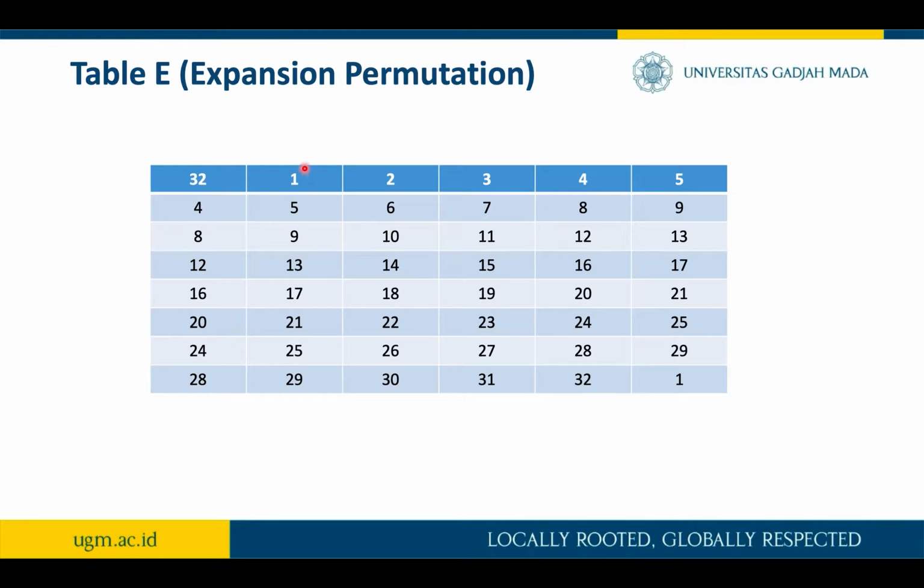So the first bit appears in the second bit of the 48, and then it is repeated in the last bit of the 48 bits. And then this one, 4, also appears here, and so on. So there are several bits that appear twice.